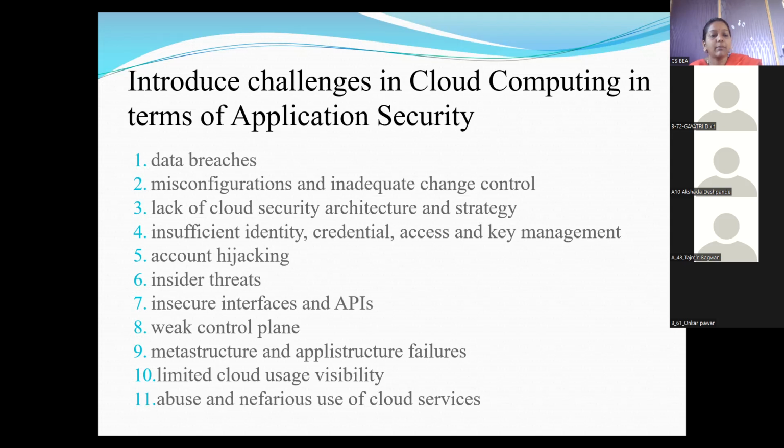For example, the Capital One breach was tracked back to the web application firewall misconfiguration that exposed some Amazon S3 buckets.